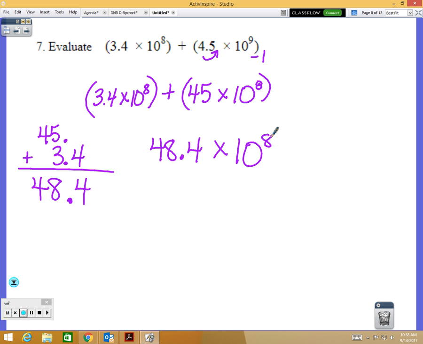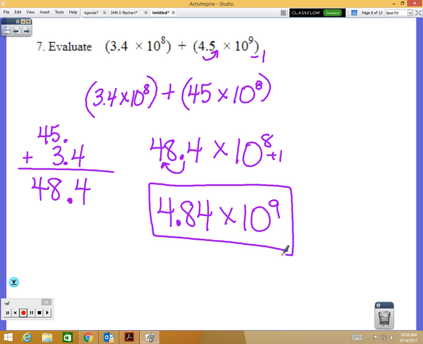We keep that 10 to the 8th power, that's what they have in common. But this is not in correct scientific notation. We have to move this decimal over 1. So I'm going to add 1 to my exponent. So final answer is 4.84 times 10 to the 9th power. And I'm going to pause it just to make sure everyone has this written down.